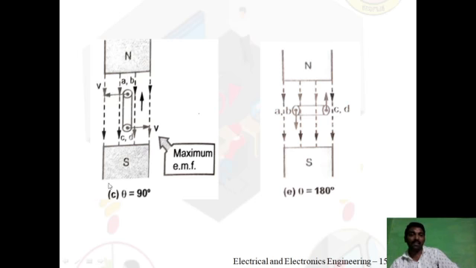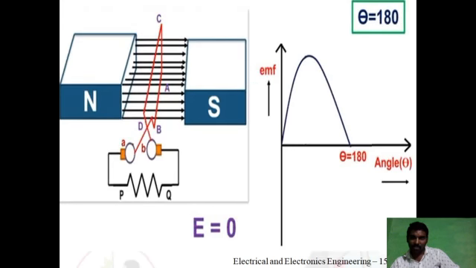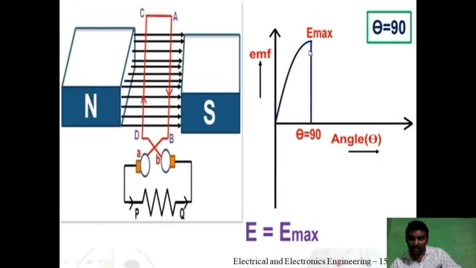Therefore, at theta is equal to 90 degree, maximum flux is cut by a conductor. So what is the amount of EMF induced? It is maximum, E max.